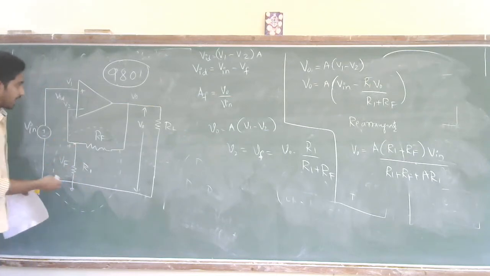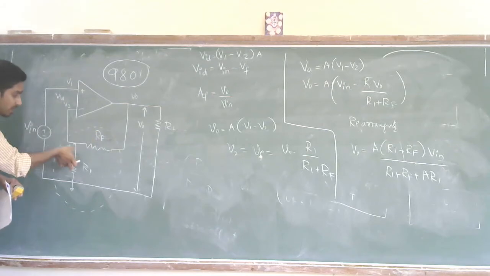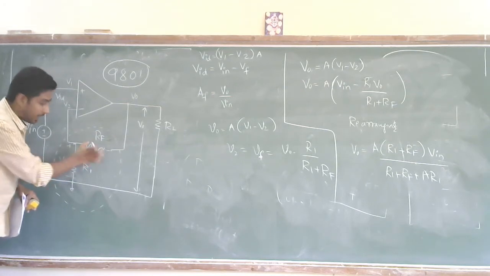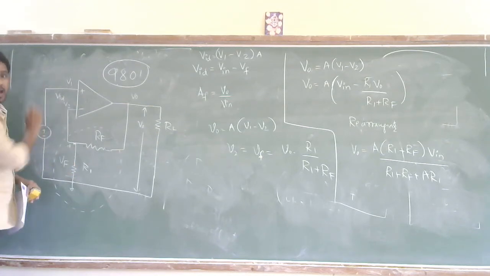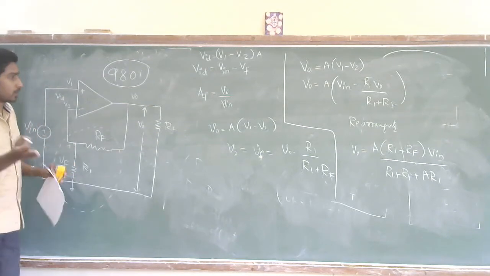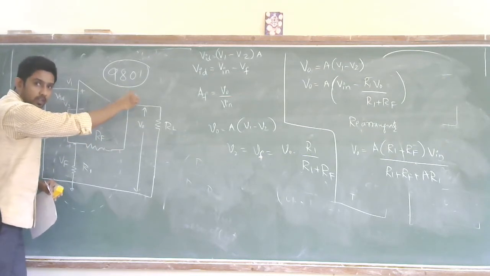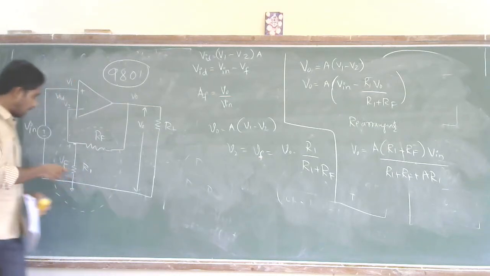Now, when the output voltage comes over here, how much division occurs across R1 and RF, and how much enters the op-amp as VF? Using the simple voltage division formula, the main voltage is now V0, and we calculate the voltage across R1.